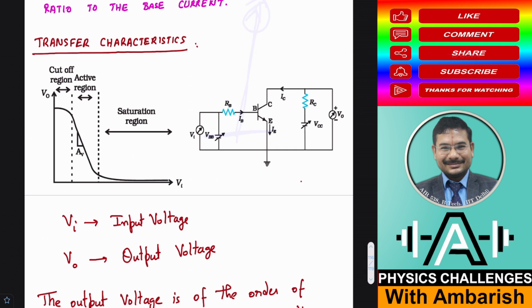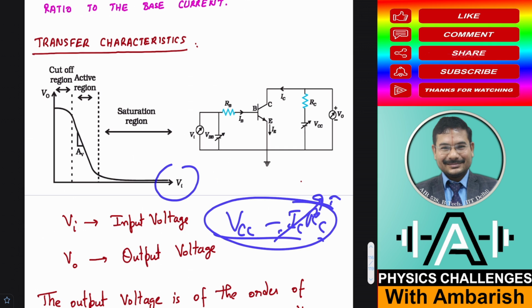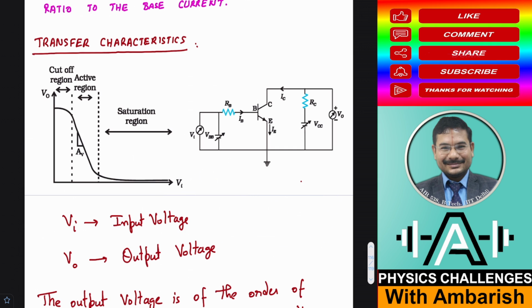So current increases a lot by just a little increase of the input voltage, and when the collector current increases a lot, what happens? Again, the output voltage is VCC minus ICRC, and when IC becomes very large, VCC minus ICRC goes to 0. So when the input voltage becomes large enough, the transistor saturates and the output voltage goes to 0. So this is the cutoff region and this is the saturation region.